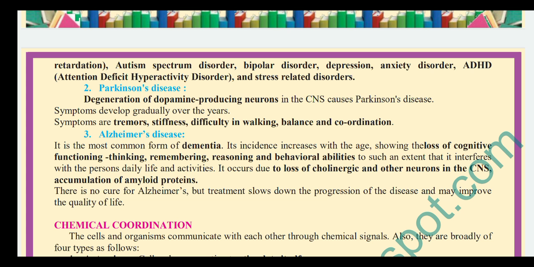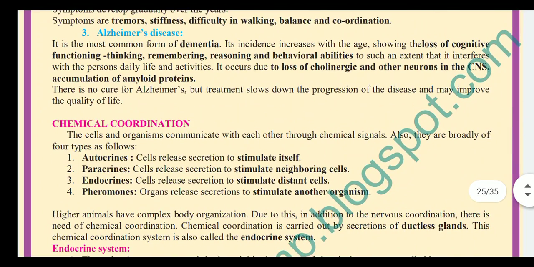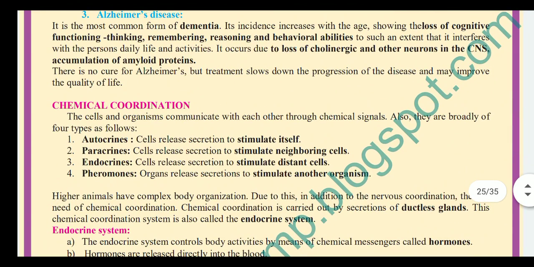Alzheimer's disease is the most common form of dementia. Dementia means memory loss, where you keep forgetting everything, like submission of books and everything. Its incidence increases with age, showing loss of cognitive functioning, like thinking, remembering, reasoning, and behavioral abilities.